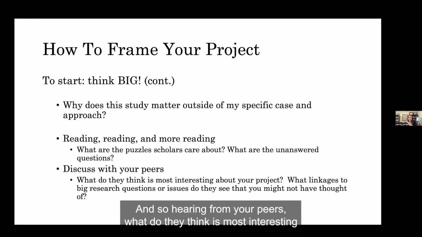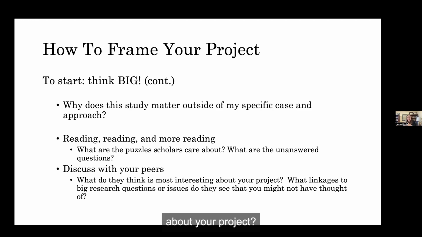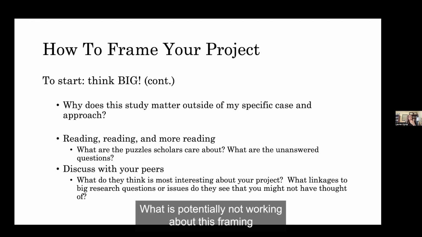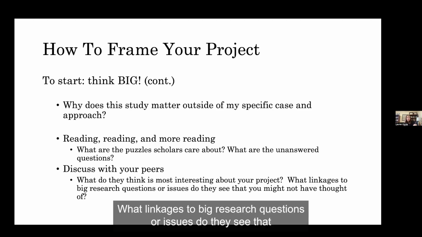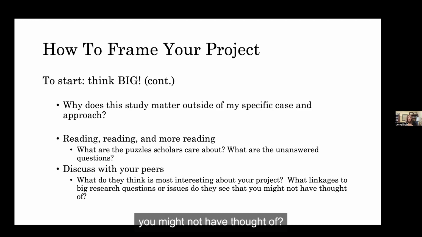And so hearing from your peers, what do they think is most interesting about your project? What is working about this framing? What is potentially not working about this framing? And asking them to help with this big picture brainstorm. What linkages to big research questions or issues do they see that you might not have thought of?